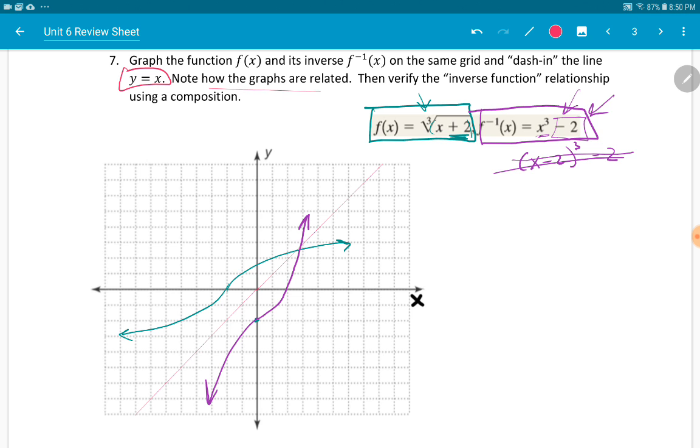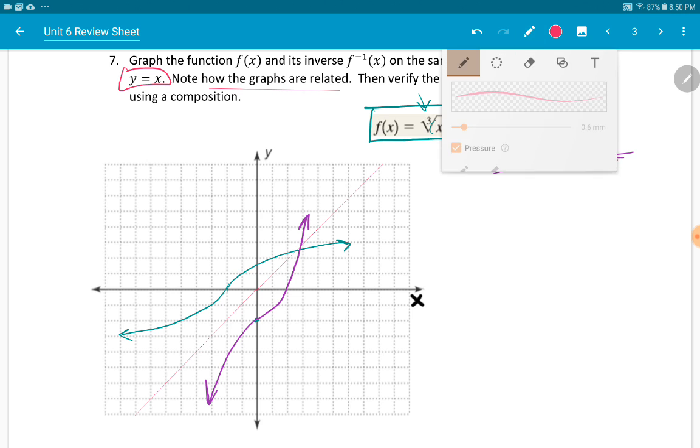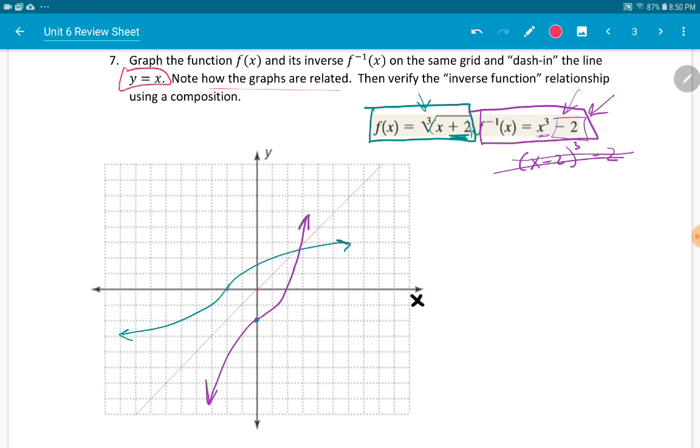How are these graphs related? It's flipped over the y equals x line. So the relationship is reflected or flipped over the y equals x line.